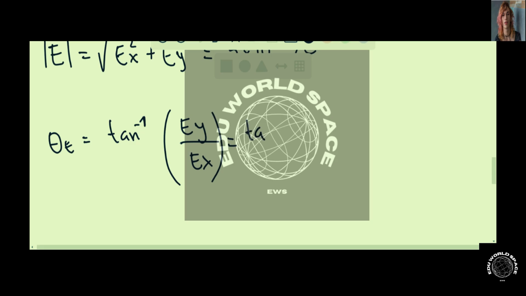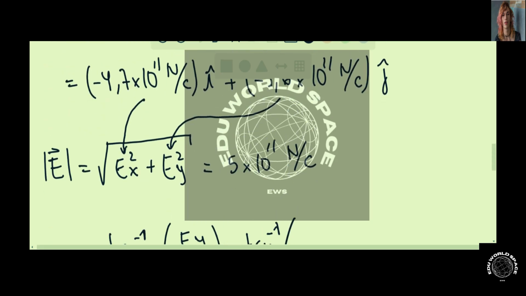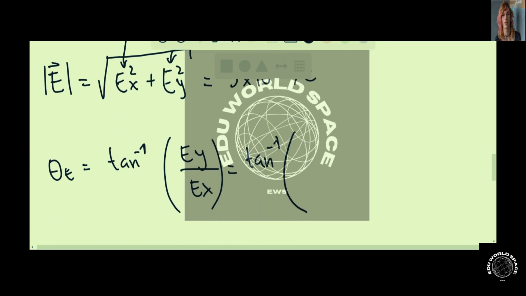And the angle, just as before, we used the inverse tangent function. So it is the y component over the x component. Let me put it in the way we can see that the negative sign goes away.